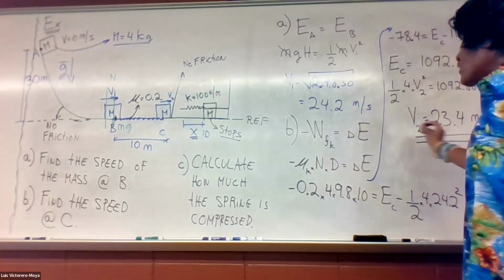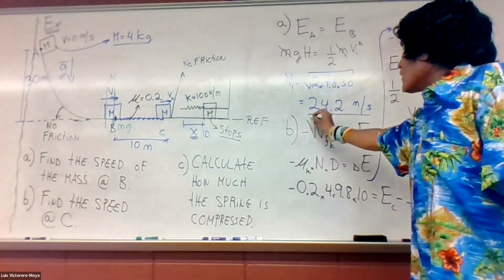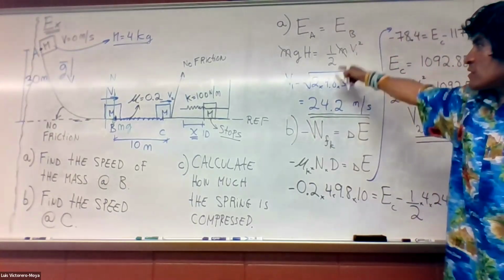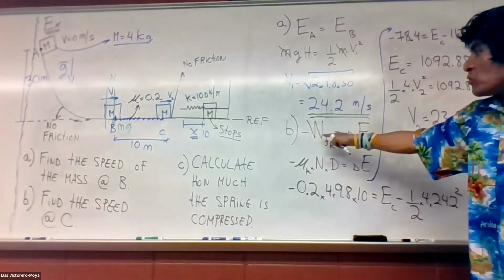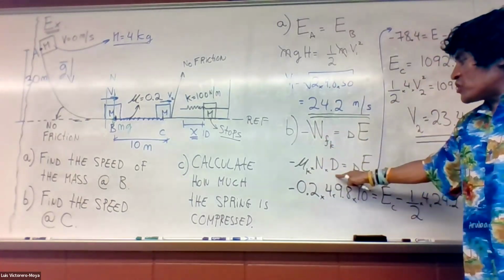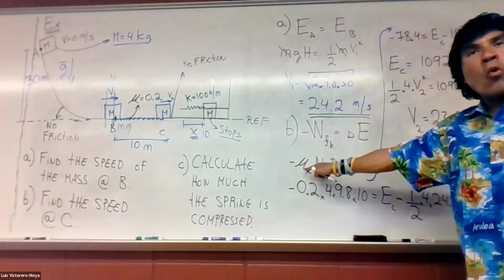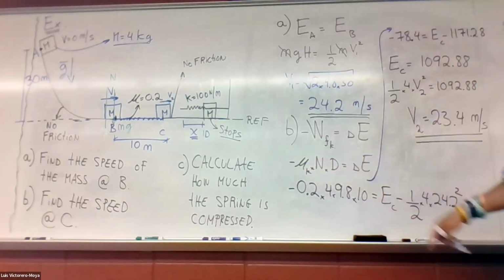All right, guys, do you guys have questions about this? It's different, right? That was just conservation. That's easy. Here you have to take into consideration the work done by friction and the change in energy. Energy changes because of the work done by friction. There you have it.